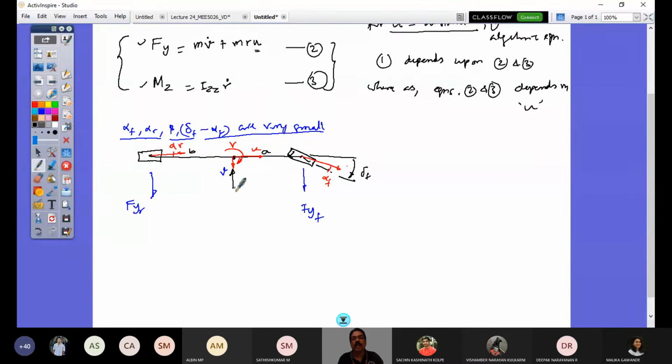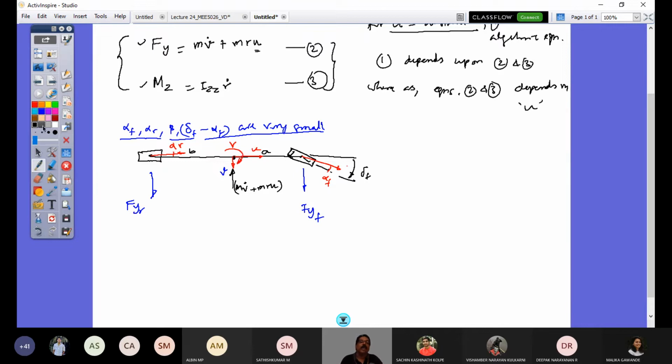So I will have here mv dot plus mru. Earlier what we had is mru alone. So now we have mv dot plus mru in this direction. So this is what is my free body diagram. And this term comes here to bring in a centrifugal force component, as well as r and u. If you look at, that's what is the Coriolis component, right? So these terms are brought in here for dynamic equilibrium.